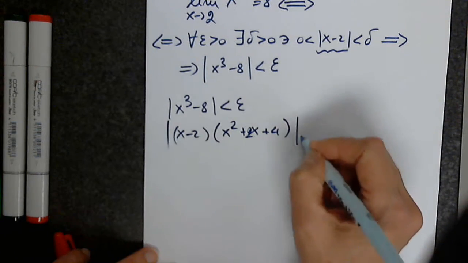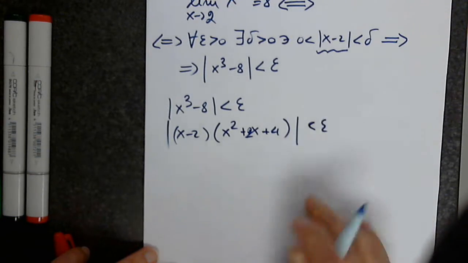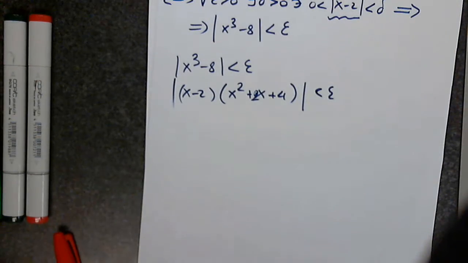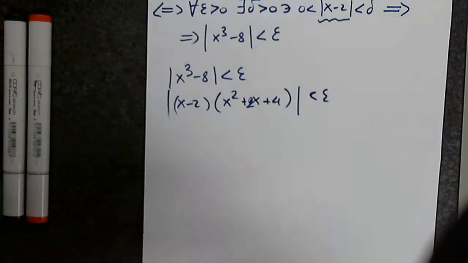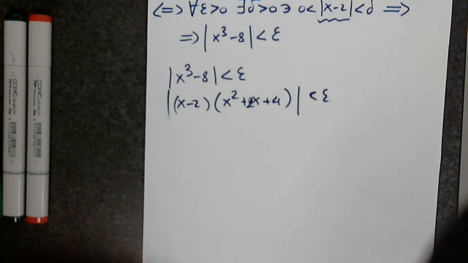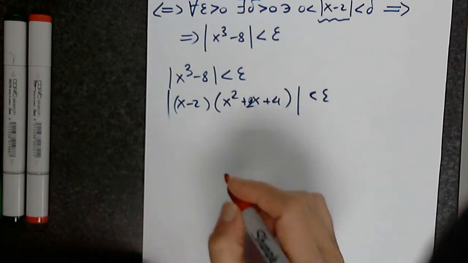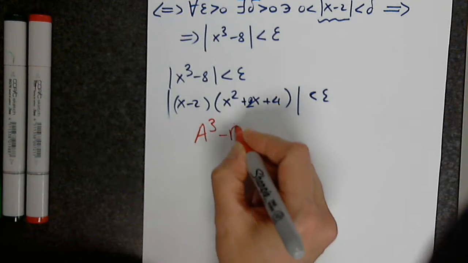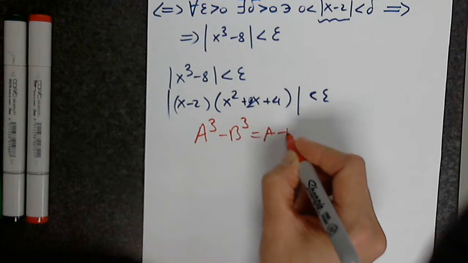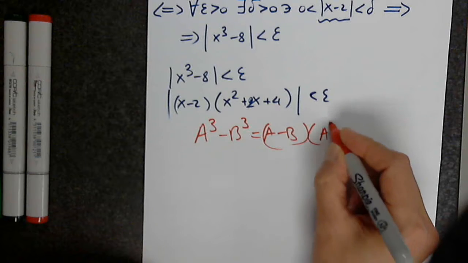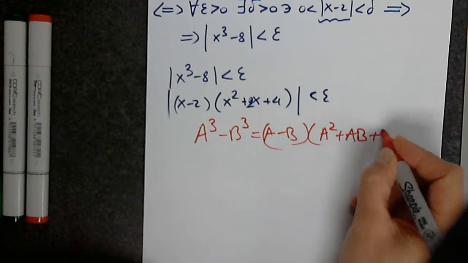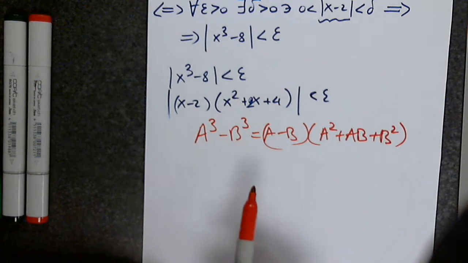Let me remind you of this formula. It should be on the front cover or back cover of your book. So a cubed minus b cubed is a minus b times a squared plus ab plus b squared. So that's what I did.